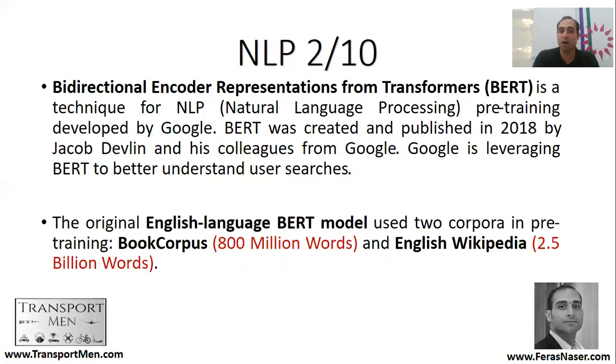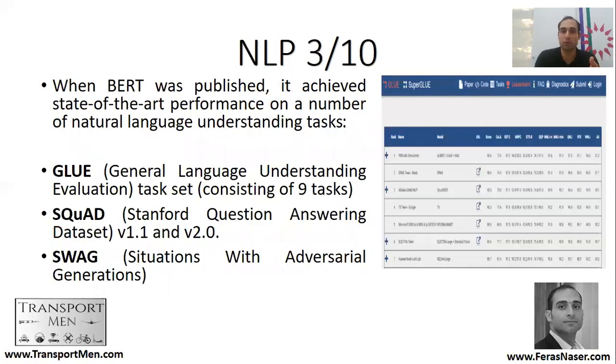It was trained on a book corpus, which was 800 million words, and the English Wikipedia, 2.5 billion words. And it has achieved state-of-the-art performance based on GLUE, SQuAD, and SWAG for some time. Now there are new models, but they are somehow dependent on BERT.